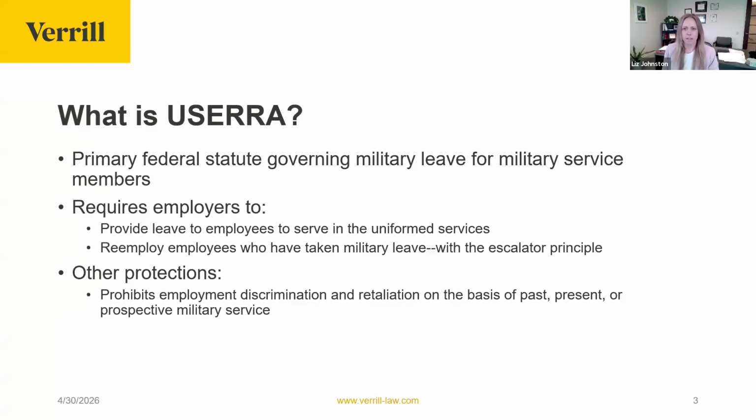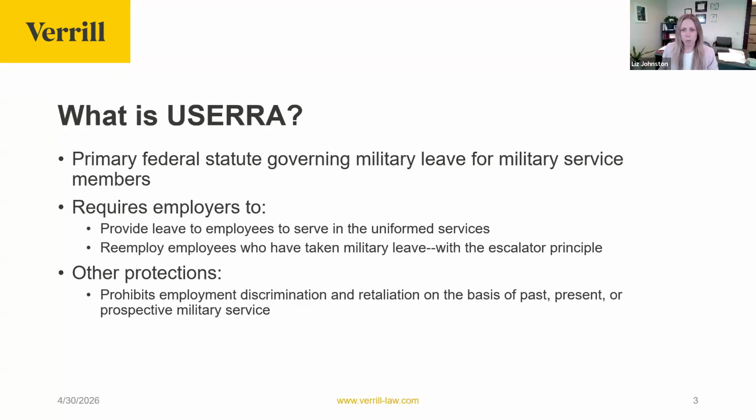Secondly, and this is the one that generates quite a bit of litigation, employers must reemploy those service members who return from leave, and they must do so in accordance with what's called the escalator principle. And we'll talk a little bit more about that later, but in brief, it's the idea that we put employees back into the employment situation that they would have had if they had remained actively working.